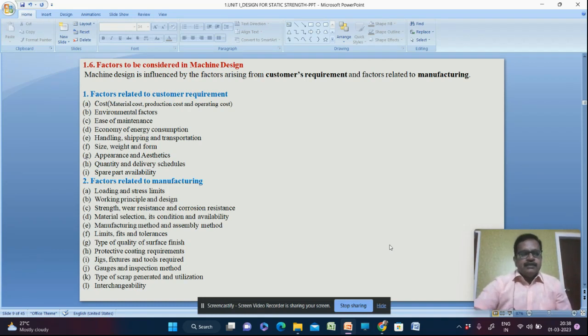And the next factor for the manufacturing is the type or quality of surface finish. We are very clear that from different manufacturing methods we are going to obtain a different surface finish. If a member is casted, then it will have a rough surface finish.